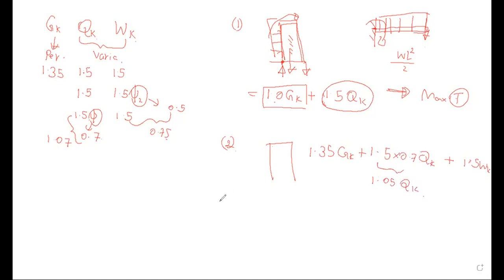For the third load case, I will use 1.35 GK and 1.5 QK plus 1.5 into 0.5 WK, where the live load is leading. And for the fourth load case where there is no wind, 1.35 GK plus 1.5 QK. So these are the four combinations that I'm going to use.